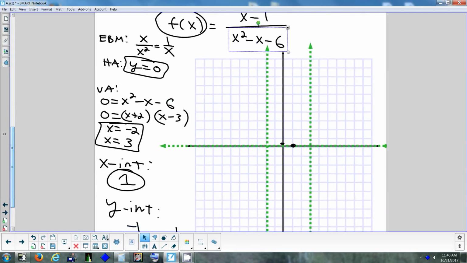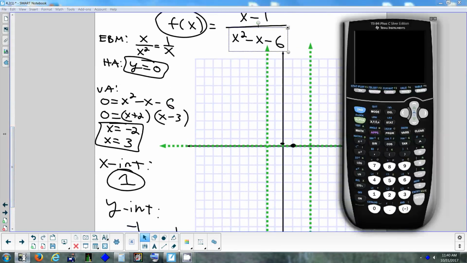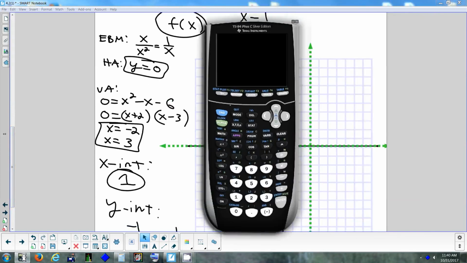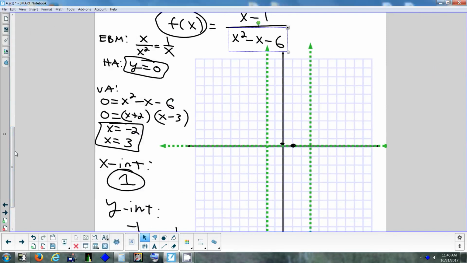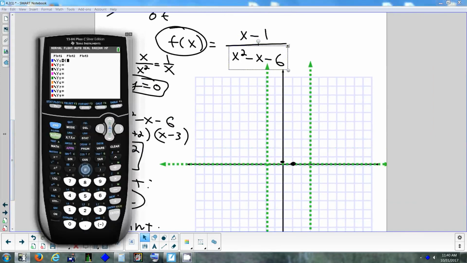Okay, so now the last thing we're going to do is check what's happening near negative 2 and positive 3. I'm going to use the calculator, and this is where I showed you how to set up your table. If you haven't typed in your equation, that's step 1. x minus 1 divided by x squared minus x minus 6.